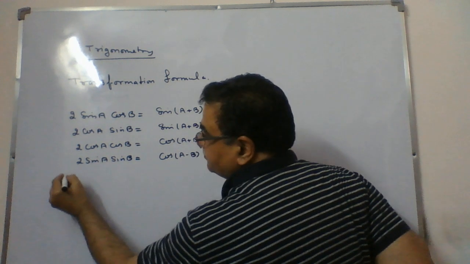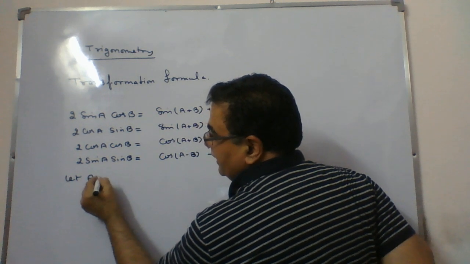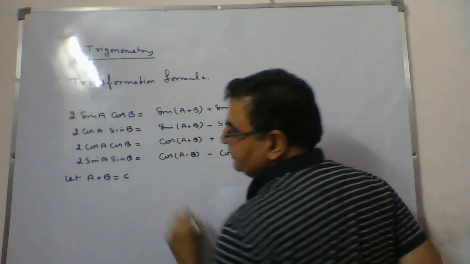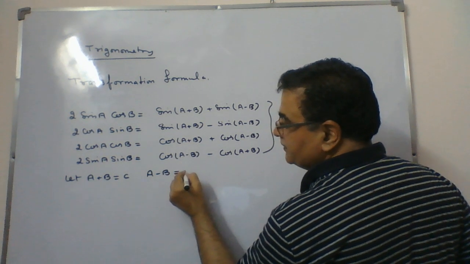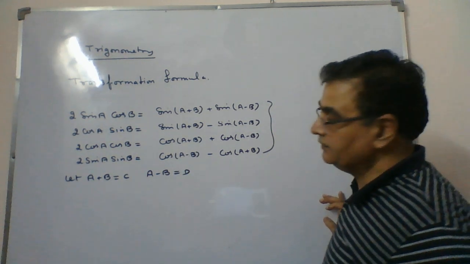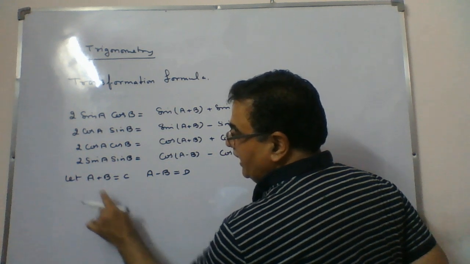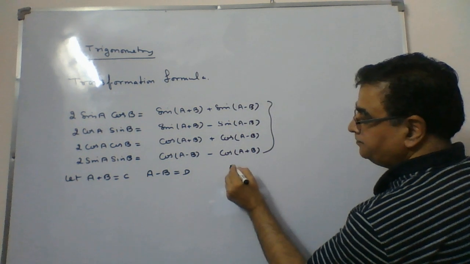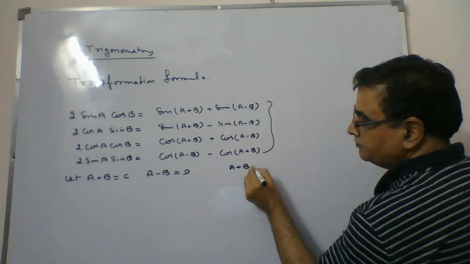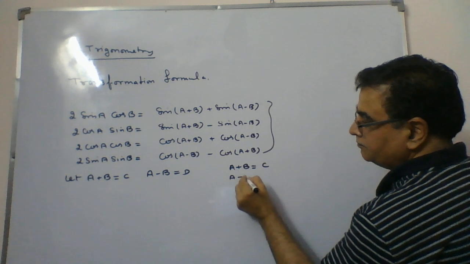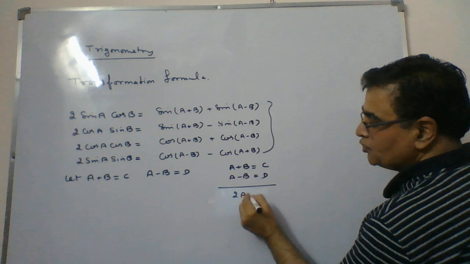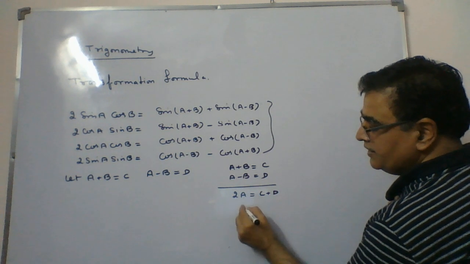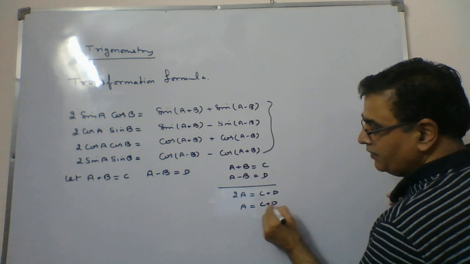Just check here. Let A plus B I take C. And wherever I have written A minus B, that I'll take D. If you add these two equations, then twice A is C plus D. So A comes out to be C plus D by 2.